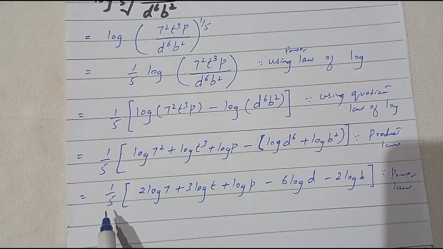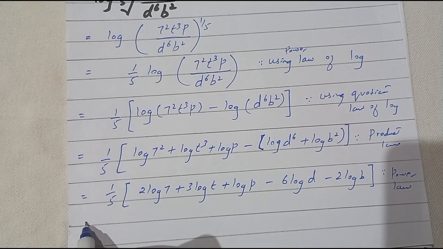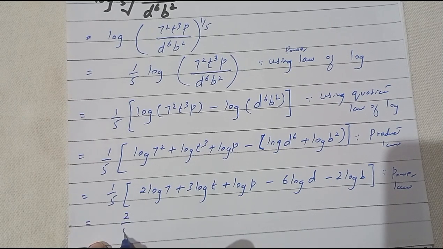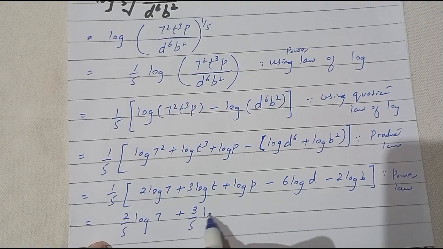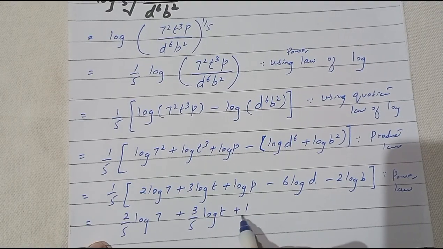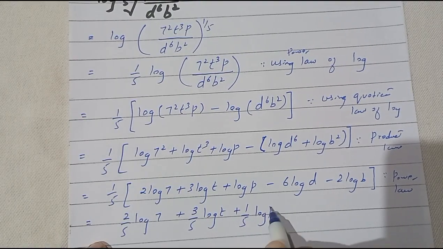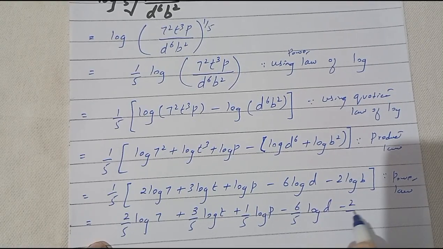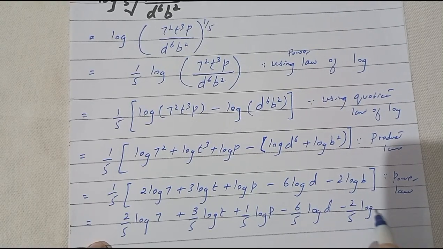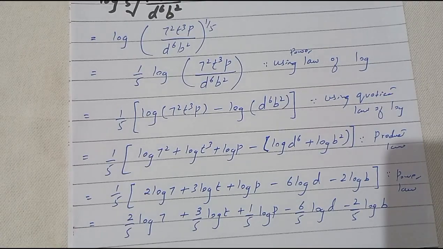Now this term 1 by 5 multiplies with all terms, so multiplying with each term, we will get 2 by 5 log of 7 plus 3 by 5 log of t plus 1 by 5 log of p minus 6 by 5 log of d minus 2 by 5 log of b, which is the final answer.